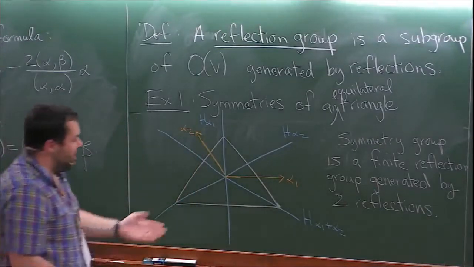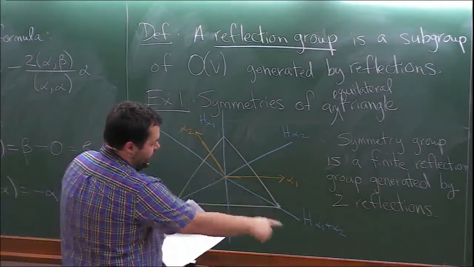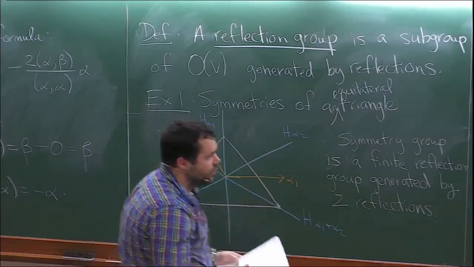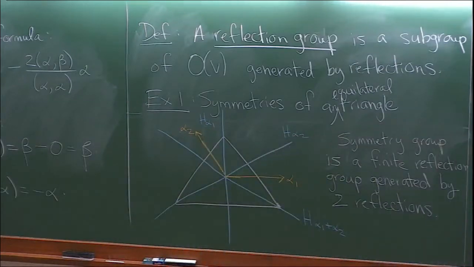All right, so I have this, and I can also draw this one. But I can also use these properties. The first one says if I have these orange vectors inside here, then I should also have their negatives.